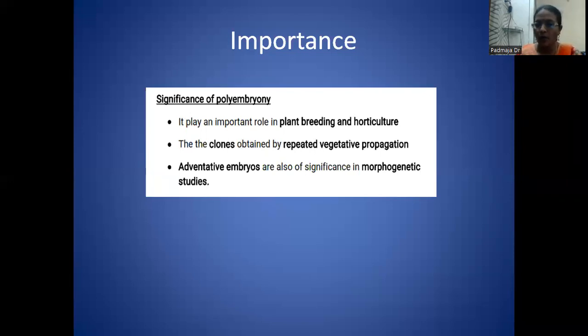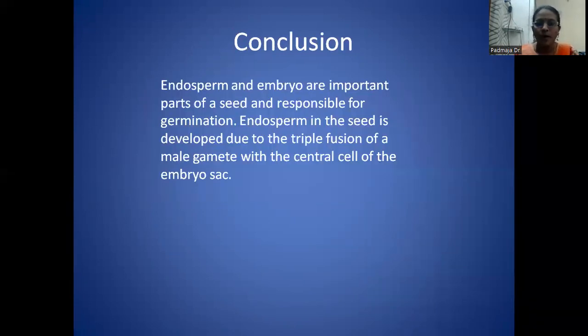And overall, the main concept of our topic today is the endosperm and polyembryony. The endosperm and embryo are important parts of a seed and are responsible for germination.